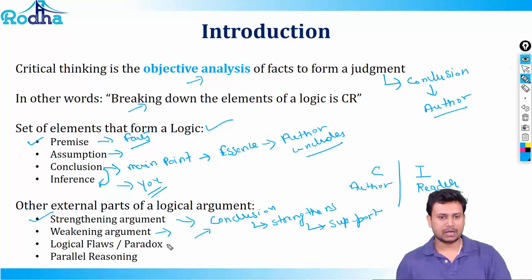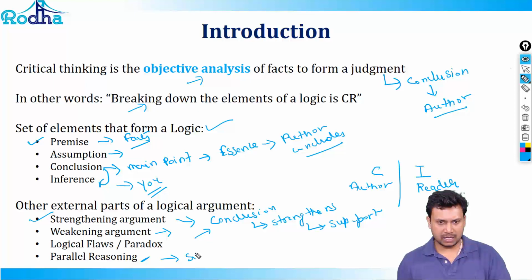Third are logical flaws or paradox. Logical flaws or paradox essentially refer to the flaw or the error that the author has made while trying to come to a conclusion. When we go to these questions in subsequent lectures, we'll see what kind of questions come in logical flaws and how to resolve them. The fourth external part of a logical argument which can be extended is called parallel reasoning. Parallel reasoning, as the word suggests, is a reasoning which is similar in nature.